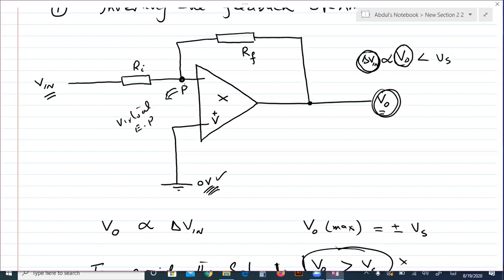So when P is kept very close to 0 volt, mean at virtual earth potential, the difference of these two inputs will be less, output will be small. When output is smaller than supply, this operational amplifier is not saturated. So for saturation, this is very important.